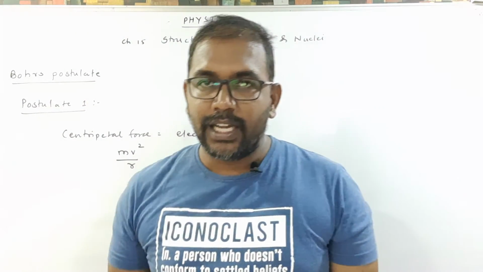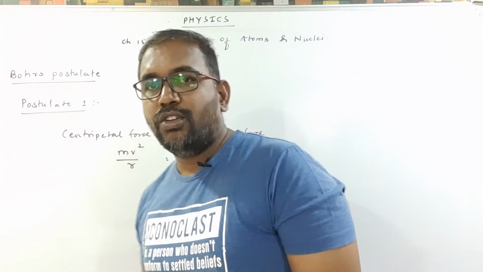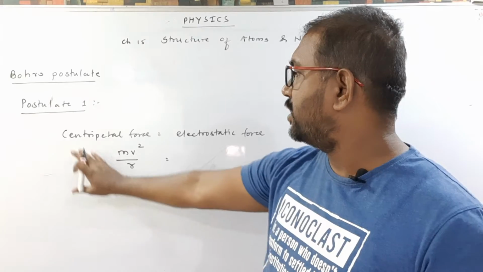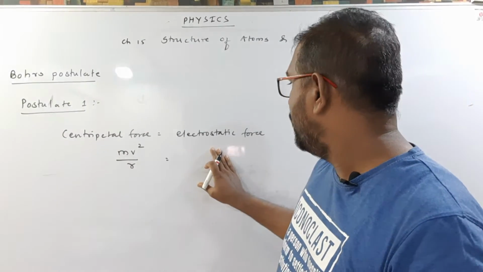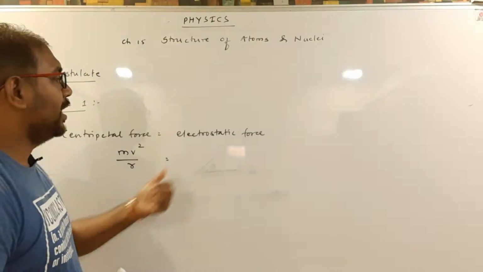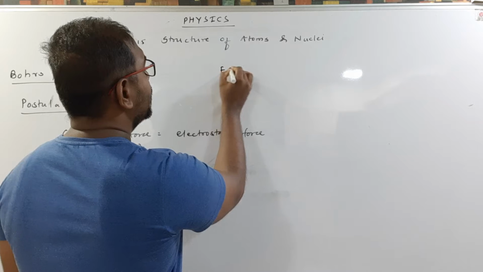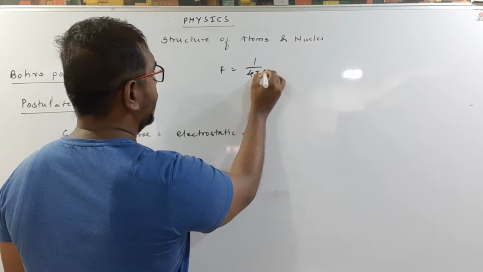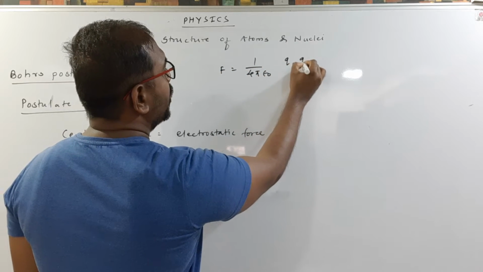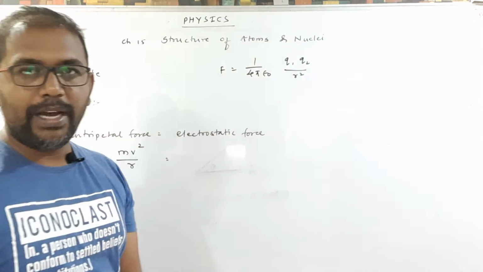So in a hydrogen atom, for circular motion of the electron around the nucleus, centripetal force is provided by electrostatic force. Centripetal force is given by this, and electrostatic force we get by Coulomb's law. You know that by Coulomb's law, the electrostatic force is this constant into Q1 Q2 divided by r square.